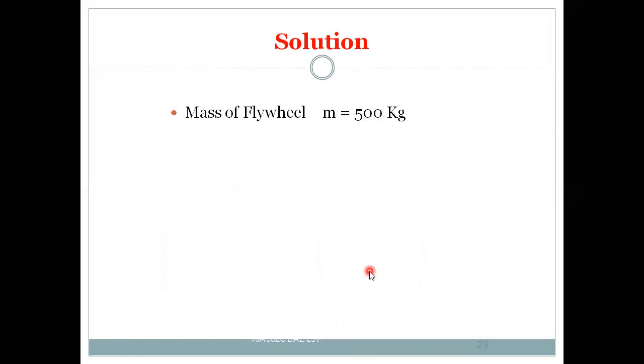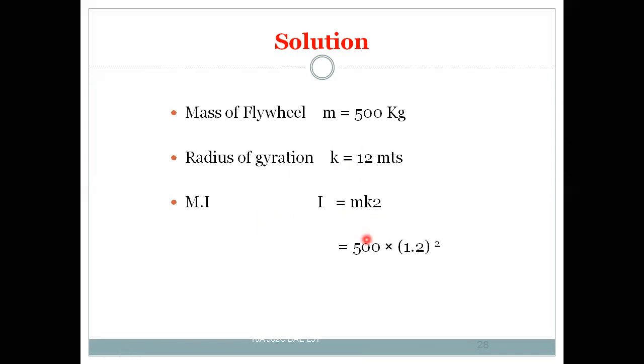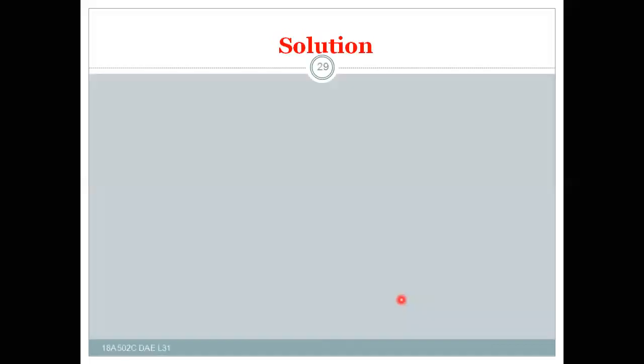Mass of the flywheel M is equal to 500 kg and the radius of gyration is equal to 1.2 meters, and moment of inertia I is equal to mk square. So 500 into 1.2 square is 720 kg meter square. This is the moment of inertia.